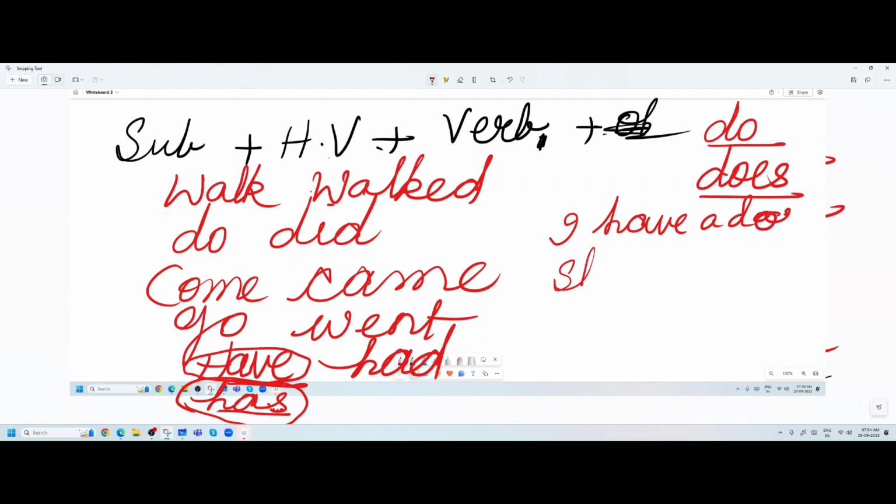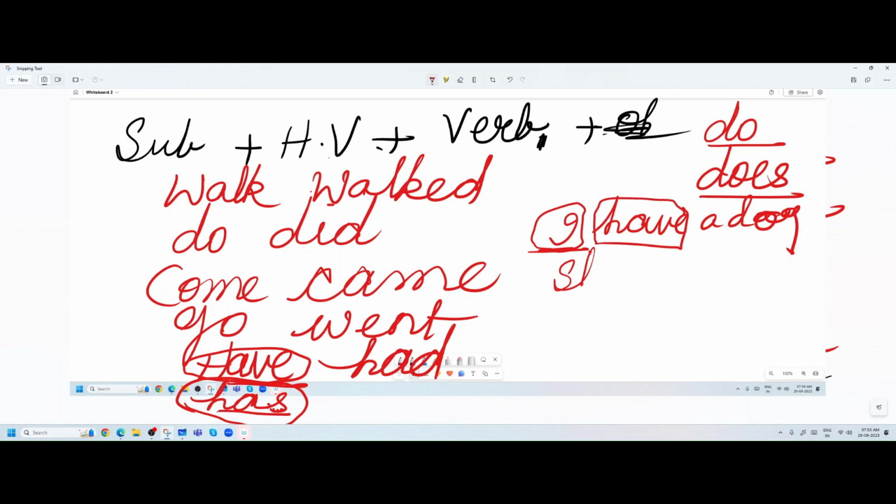Now, dog. If I want to use a singular subject over here, you may also question I is singular, correct? Now, that is a big question. I is singular. Then why is it having the verb have? It is not a helping verb now.